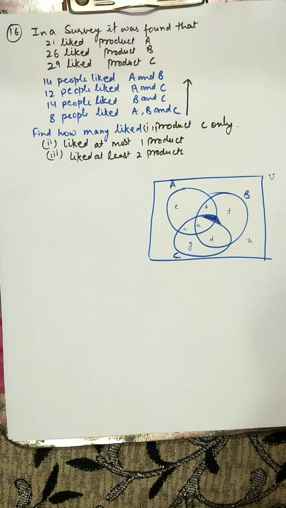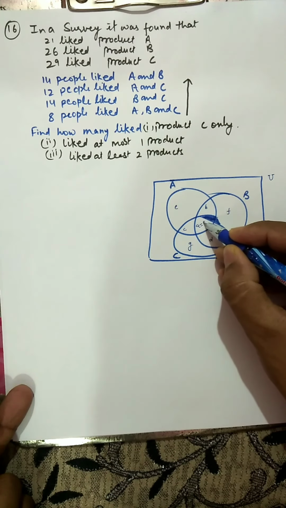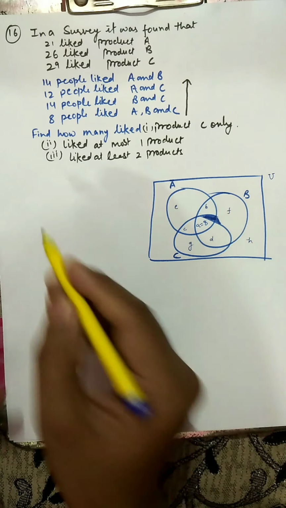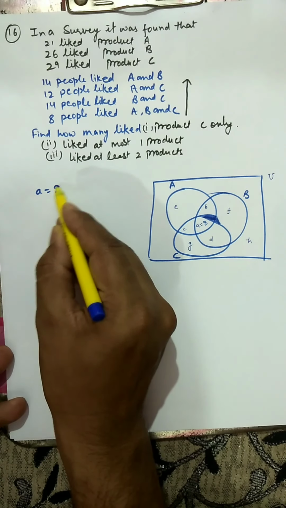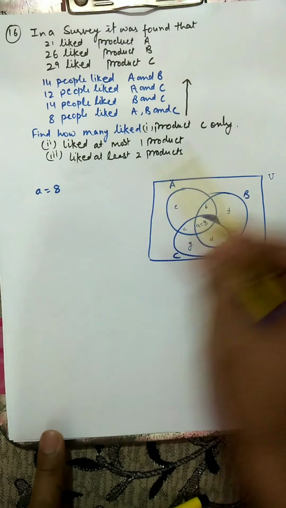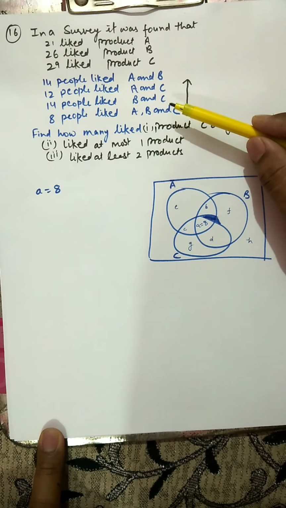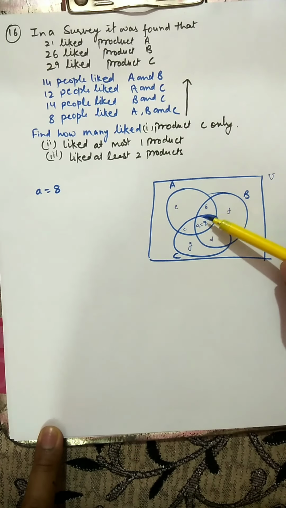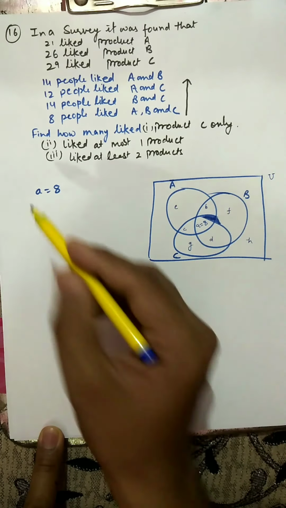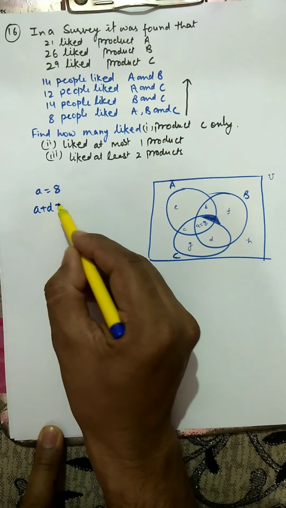So you see, how many people are there in all three? This is given to us as 8, so we can write a is 8. You can represent these a, b, c, d in the Venn diagram and write the value directly, no issue. Now the second last line is that 14 people like product B and C. B and C is the area of a and d, so this is a plus d.